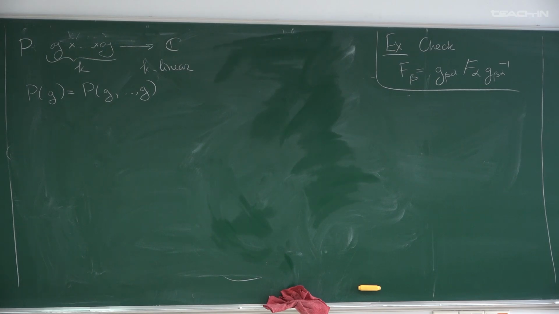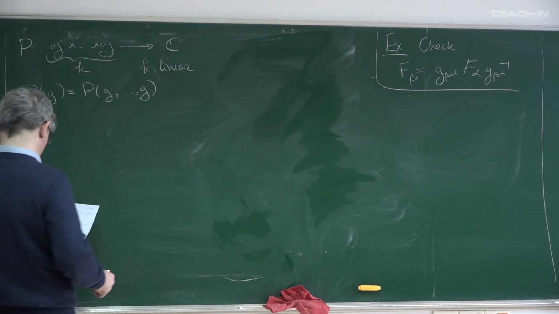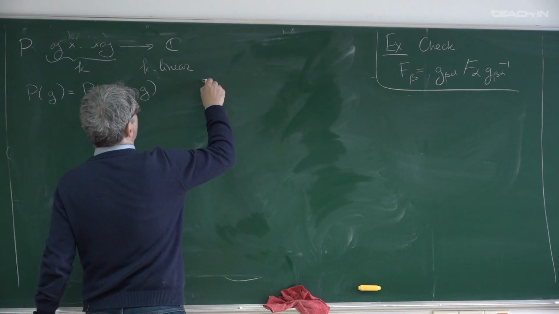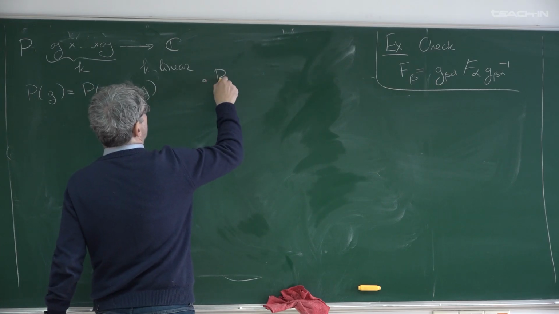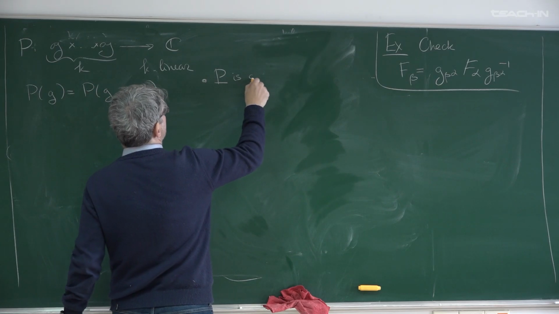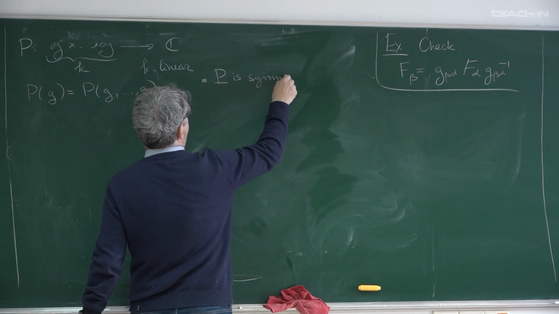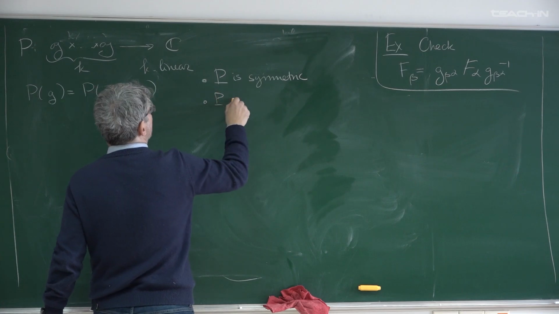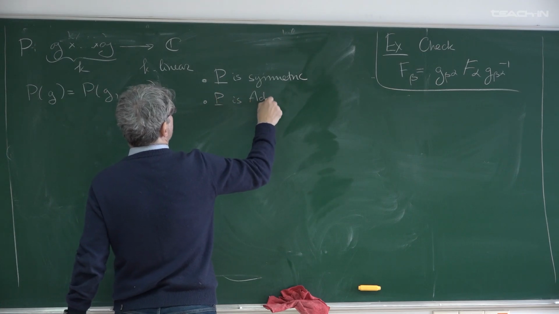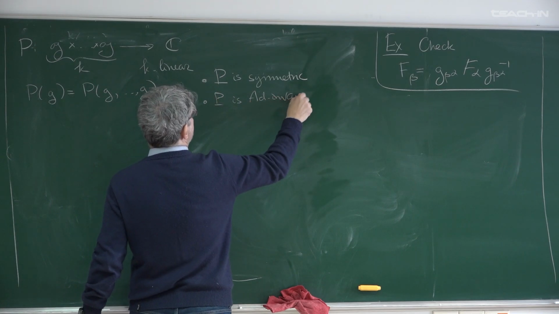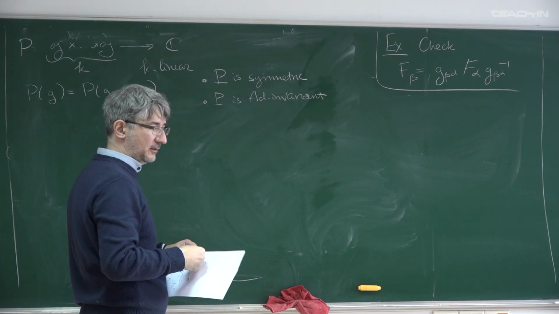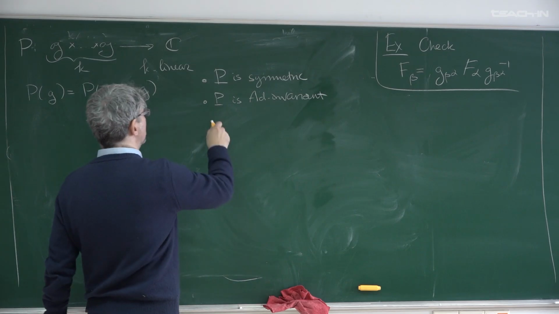Now we want to consider polynomials of the following nature. P is symmetric, and secondly, P is Ad-invariant. What does it mean? It means the following.